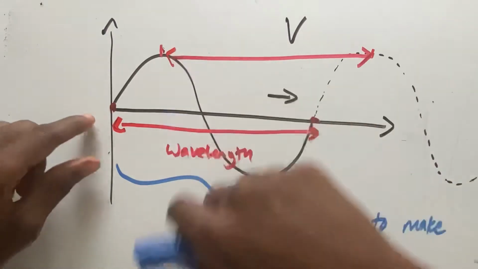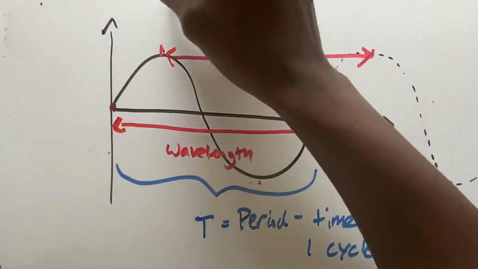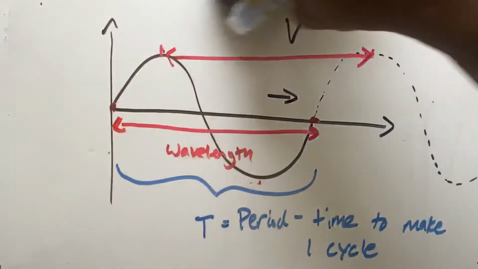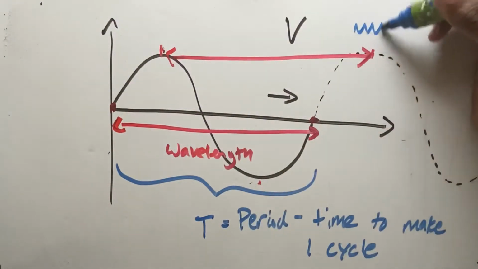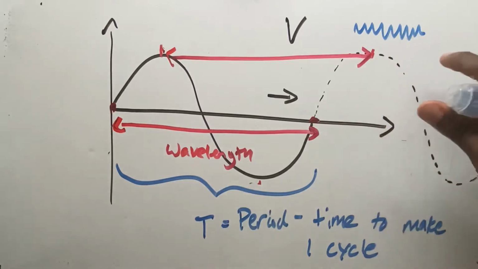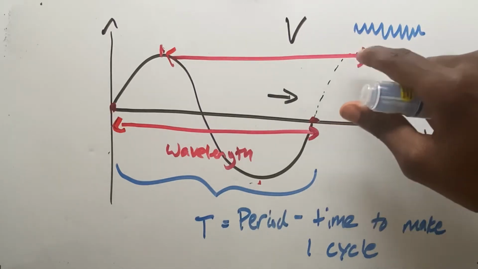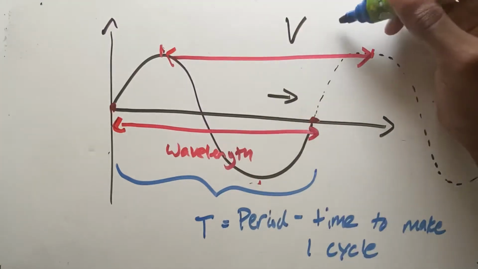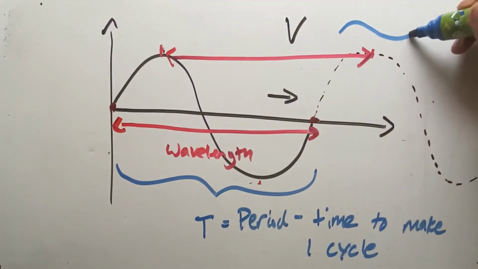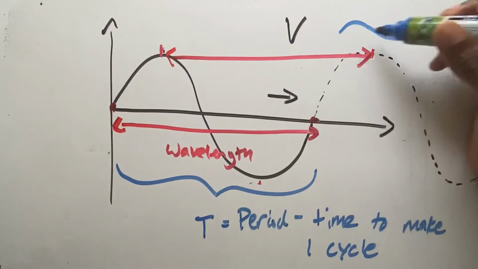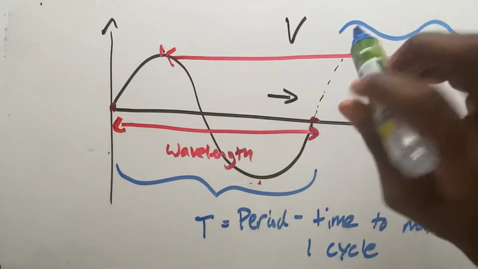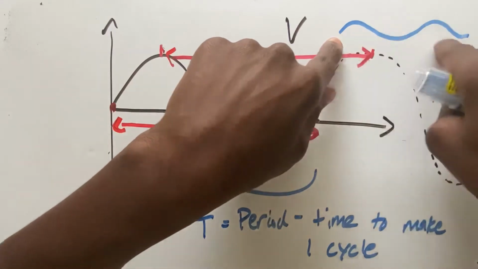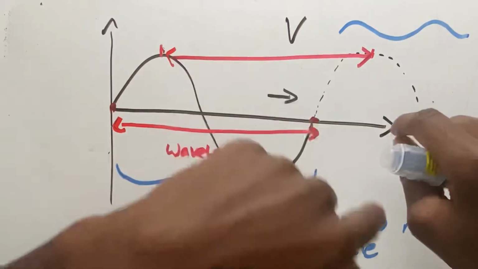Something like this has a really, really high frequency because it's going up and down really, really fast, versus something like this, which probably has a much lower frequency because it's pulled outwards, so it takes more time for it to go through one wavelength.